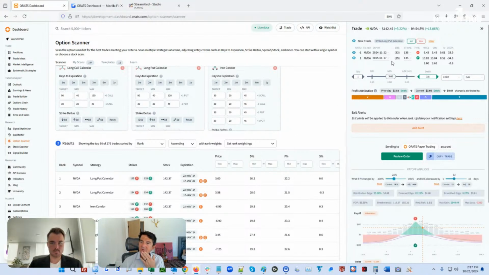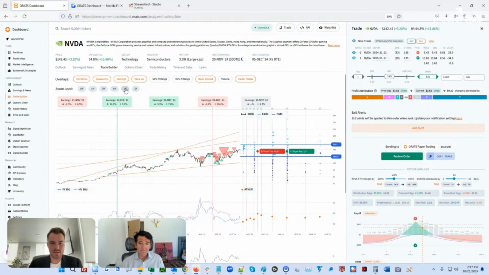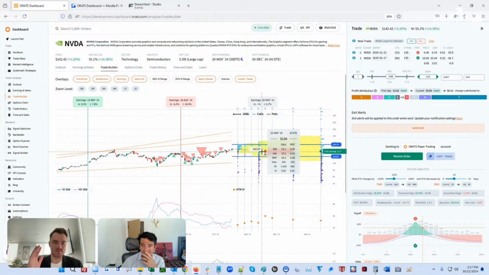So let me see. What else do we have to look at? I think it's interesting to look at in the trade builder sometimes. Yeah, Trade Builder is a great way to visualize the break evens, along with a time horizon. Because we overlay the options chain onto that 2D graph, you can see relative to the historical movement where your break even points are, where your max gain and max loss are.